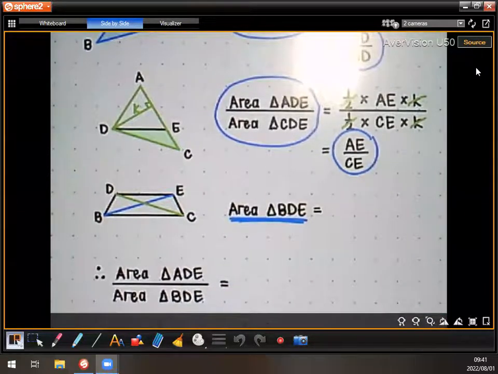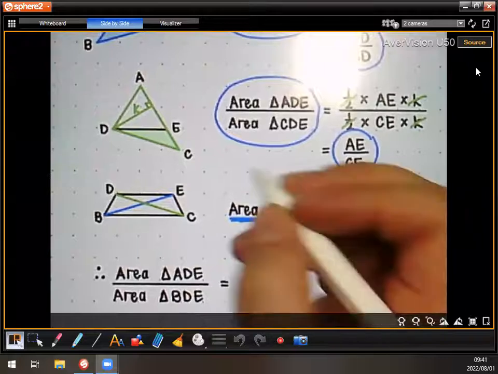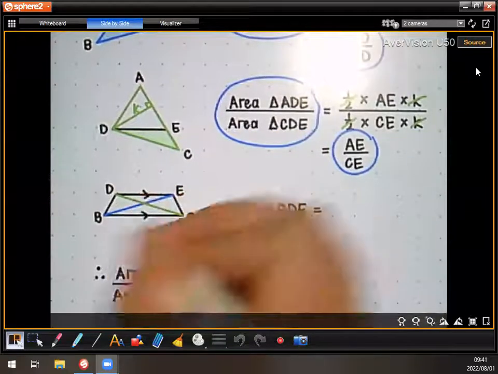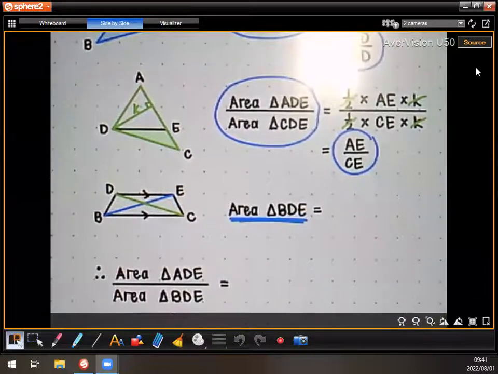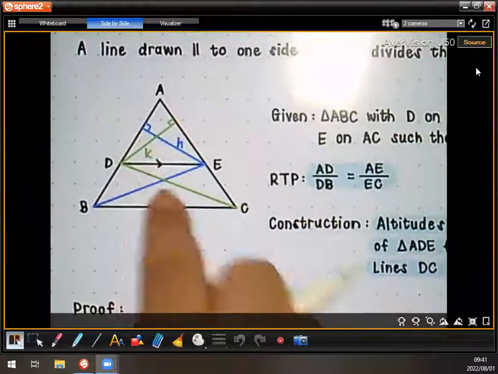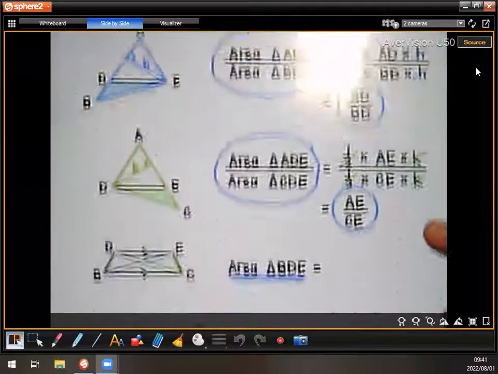And guys, what else was given here? We know that DE is parallel to BC, right? That's what was given. Just fill that in, please. We're looking back at the top diagram that was filled in originally: that DE is parallel to BC.